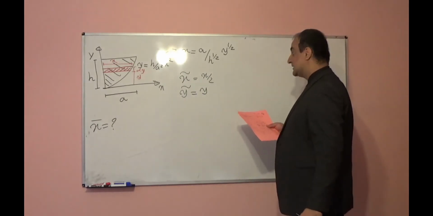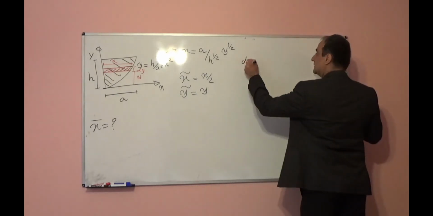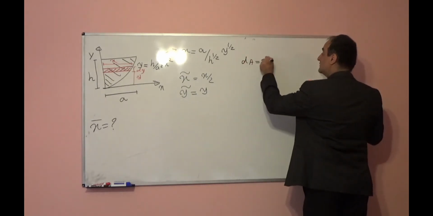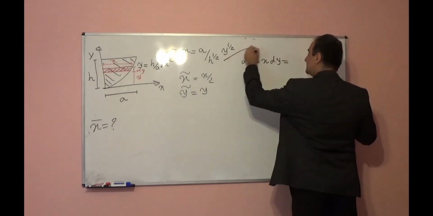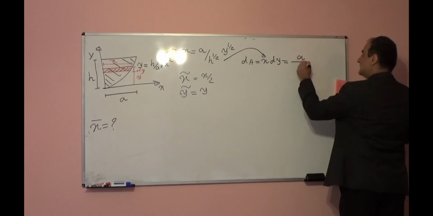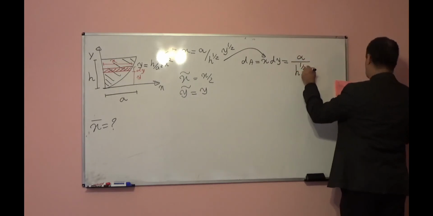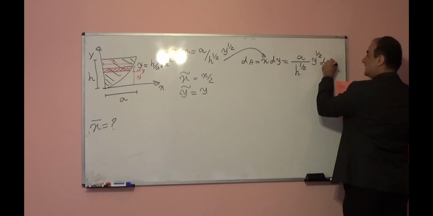So from here, dA will be equal to x times dy. So instead of x, I can plug this. It will be a over h to the power of 1 over 2, y to the power of 1 over 2, dy.